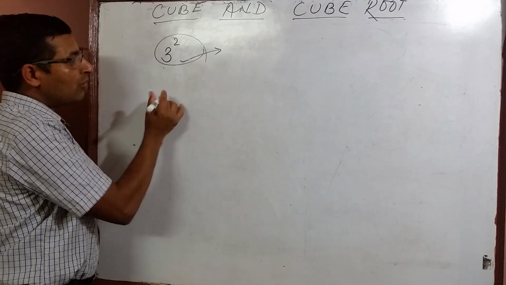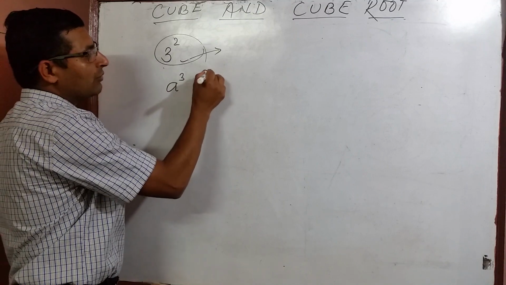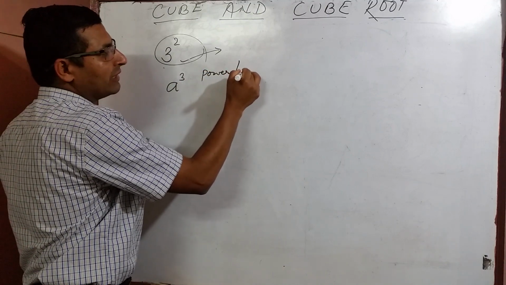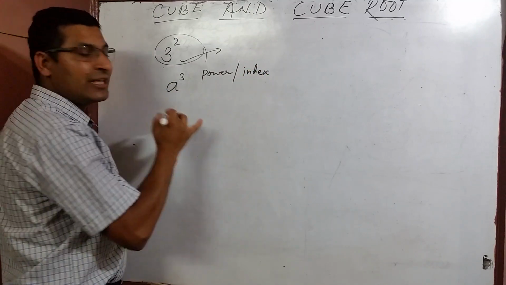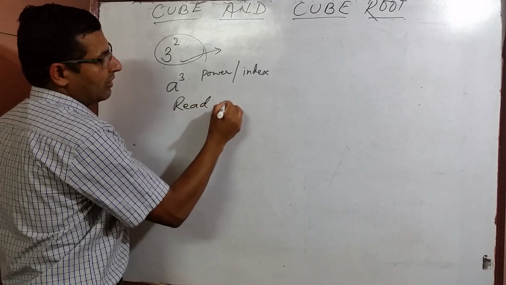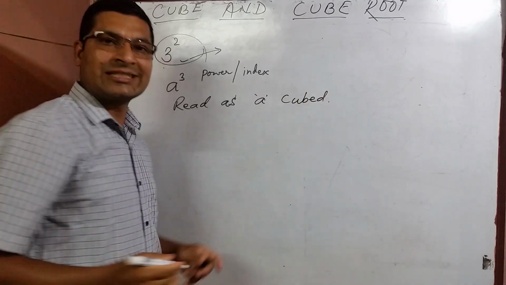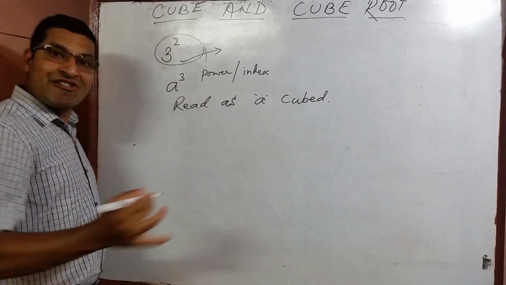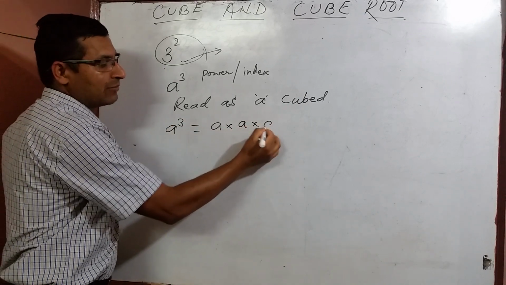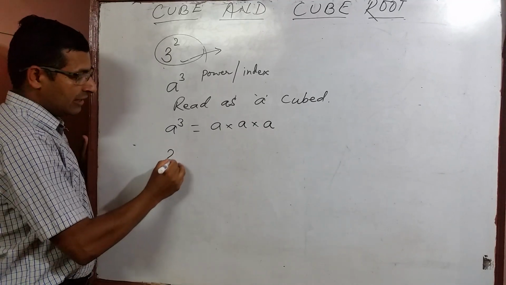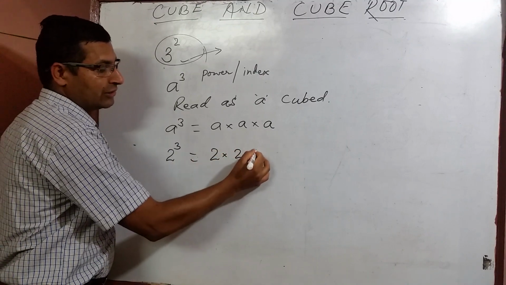Similarly, if the power, or we call it index, is 3, then we read it as a cubed, or simply a cube. Its meaning is that we multiply a 3 times. Similarly, if we have 2 cube, it means we multiply 2 3 times.